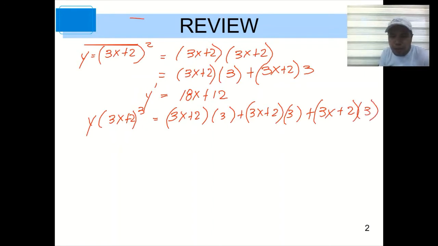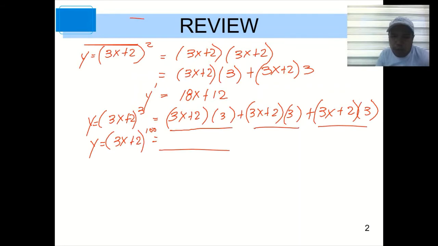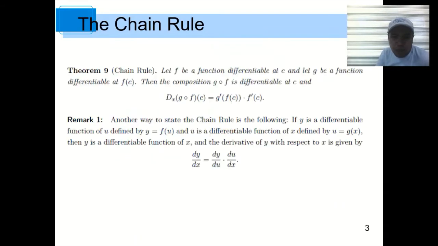So it's a bit long, but still manageable to solve. However, the problem is, what if the exponent is 100, or more than 3? Writing all these terms 100 times will become very difficult to solve. So that's where the chain rule comes in.